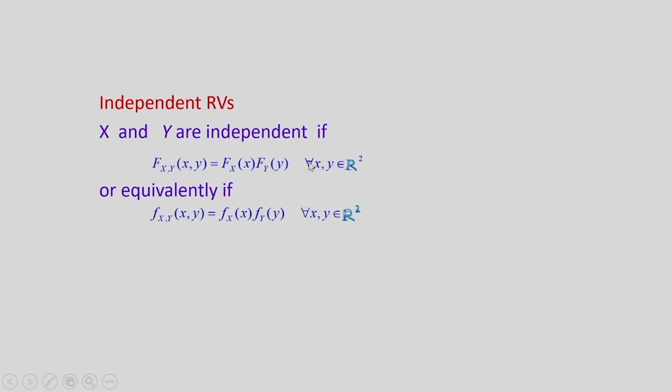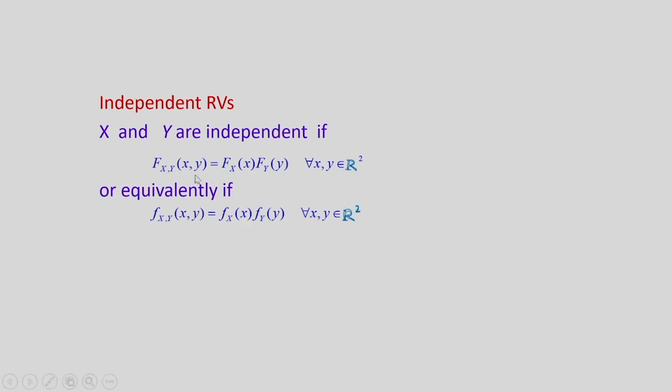This is true for all x, y belonging to R2. So, this definition is a very strict definition, because this relationship should be valid at every pair of points x, y belonging to R2. Or equivalently, in terms of PDF, the joint PDF is the product of the marginal PDFs.